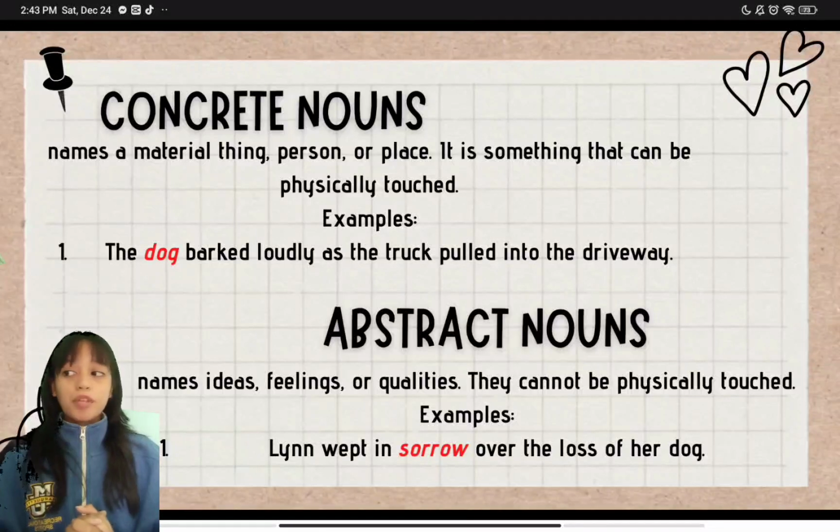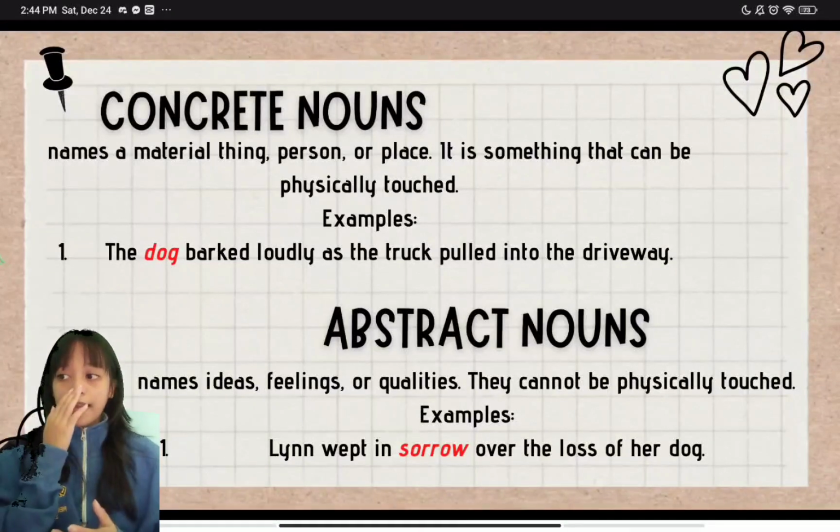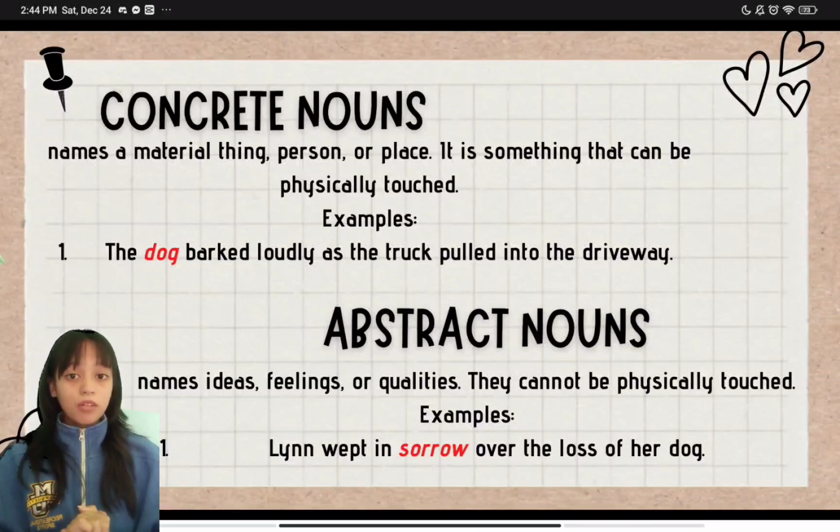So the concrete noun there is the dog because yes, it's a material thing. You can also touch a dog. So that is our concrete noun. The truck can also be a concrete noun because you can touch it as well.